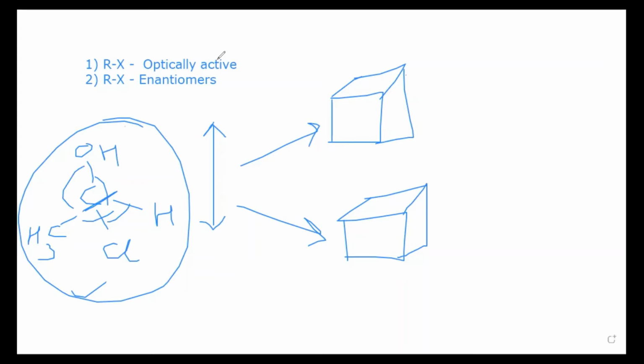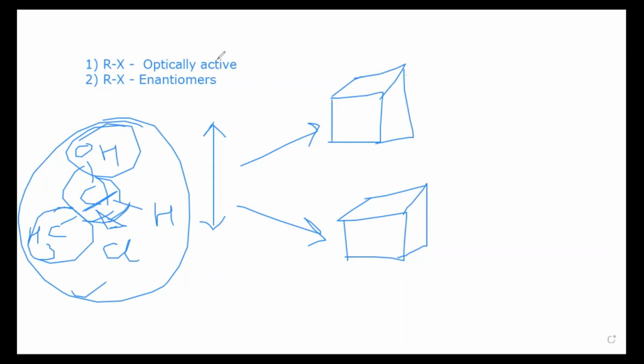Now, all these four different groups are making a certain angle in the three dimensions. And you have to understand this also, that this compound is not on the plane of the whiteboard. It is in three dimensions, right? So the angles that these four species are making with respect to the carbon is the configuration. Because of the change in configuration, you will get two different optically active isomers. We'll discuss the configuration later.